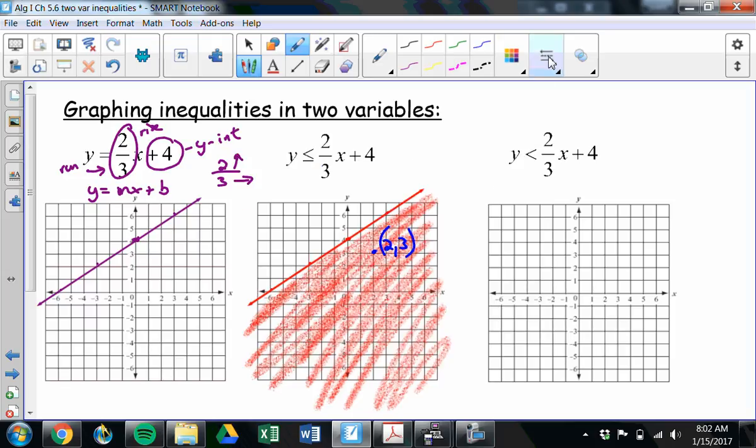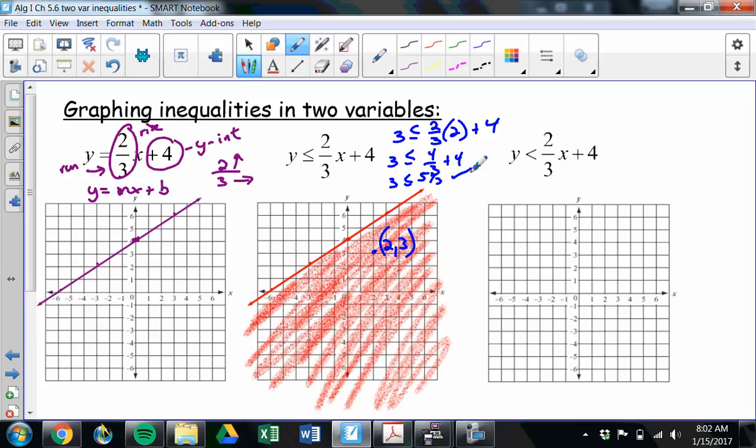I plug in 3 for y, and we'll see if that's less than or equal to 2/3 times 2 plus 4, because I plug in 2 for x. Is 3 less than or equal to 4/3 plus 4? Well, yeah, 4/3 plus 4 is 5 1/3. 3 is less than or equal to 5 1/3, so it works.